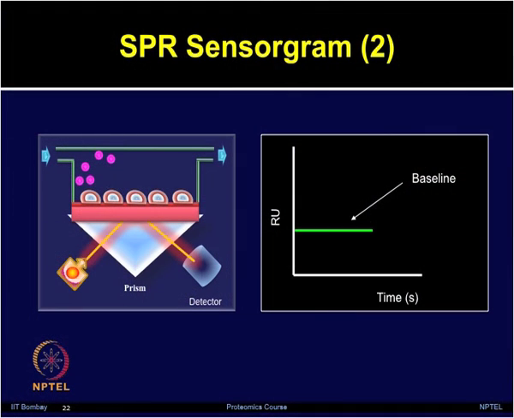So, if you want to study biomolecular interactions, initially you have to wash the surface with just running buffer, and then add your query molecule in the same running buffer. The baseline remains straight until these query molecules start interacting with the molecules already printed on the chip surface.